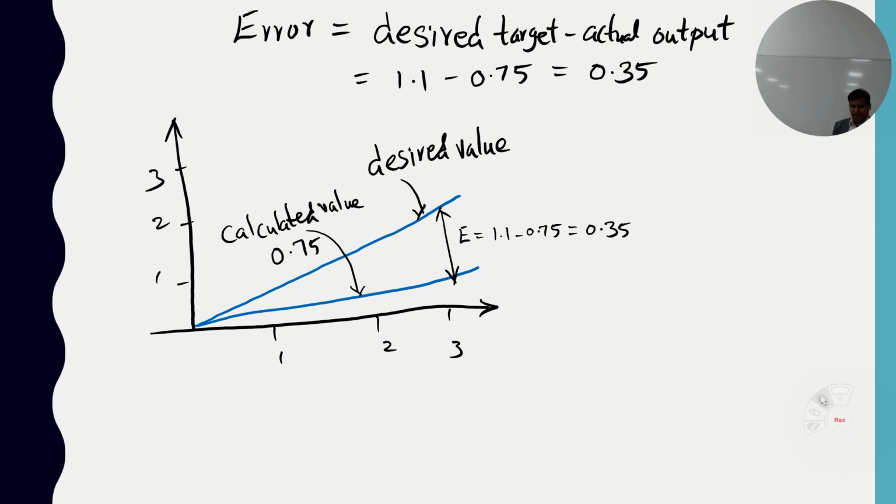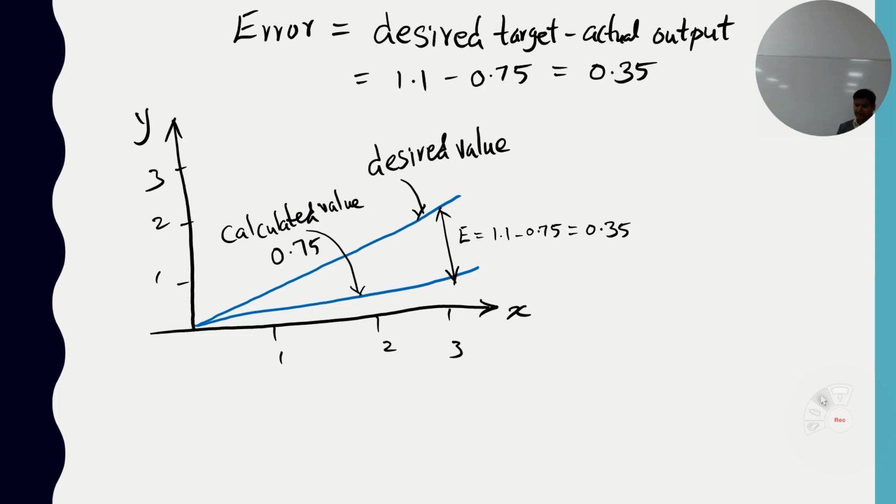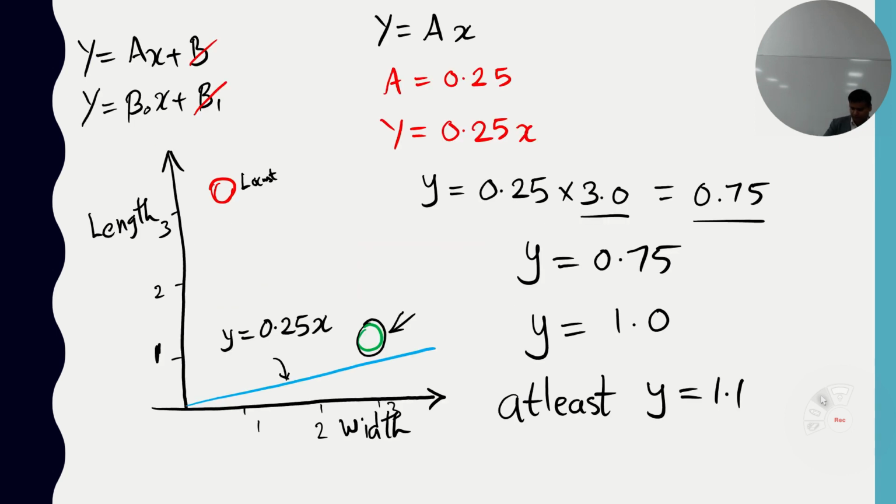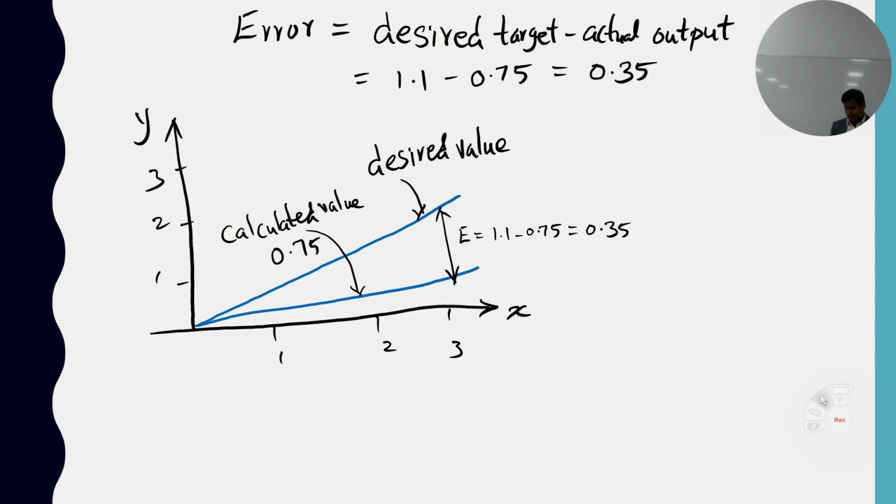We want to use the error in Y. So this is Y and X. In this case, the error we call E informs that there is a change needed for the parameter A. So to do this, we need to know how the two are related and how A is related to E. We have the value for A, if you recall, and now you can think about how this A is related to the error E.